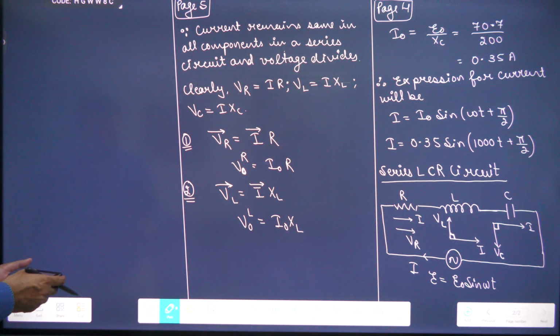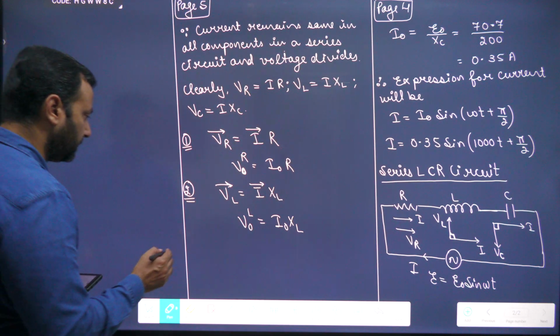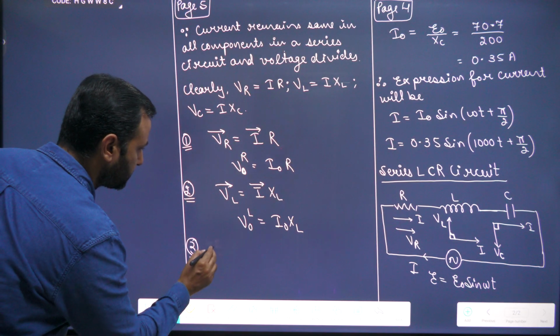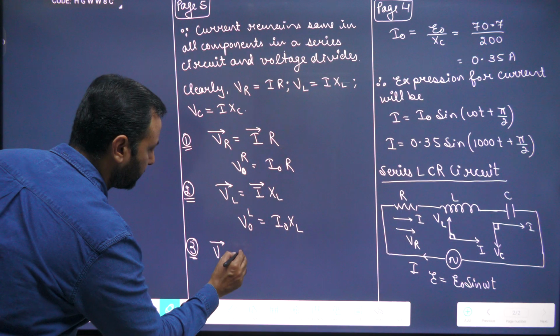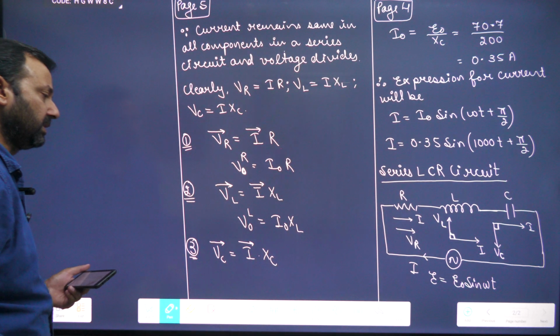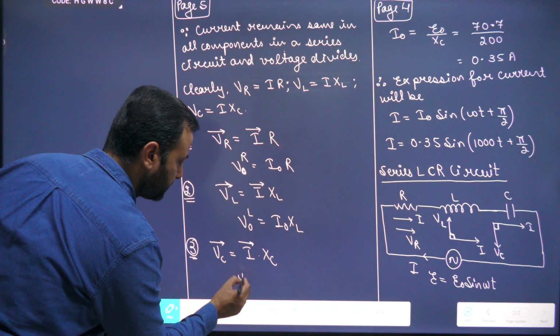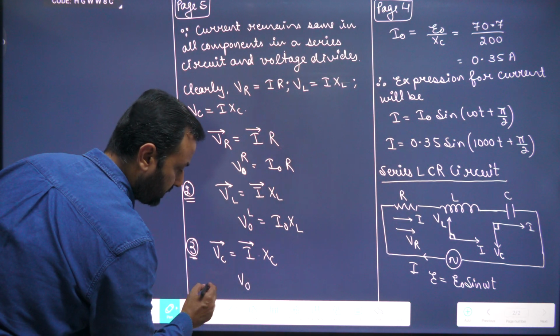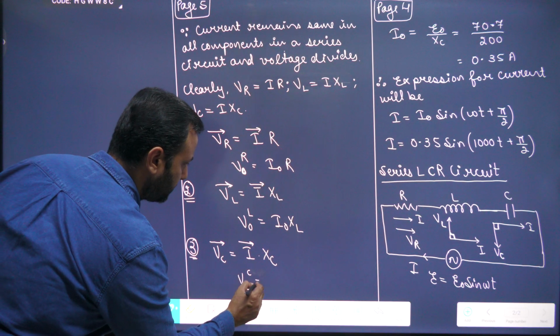Now on page number 19 of your notes, the third point is about voltage across capacitance C. VC vector is I vector XC. And the peak value of voltage across capacitance, V naught C, is equal to I naught XC.